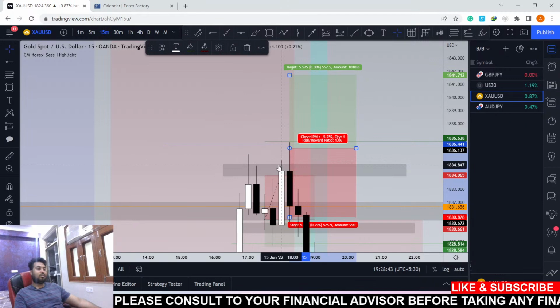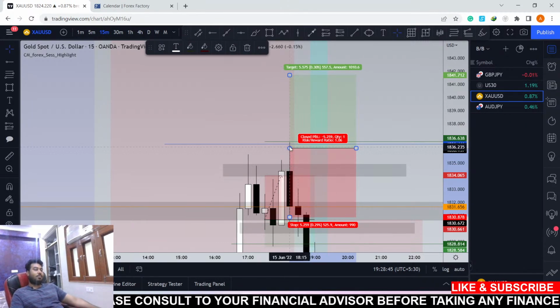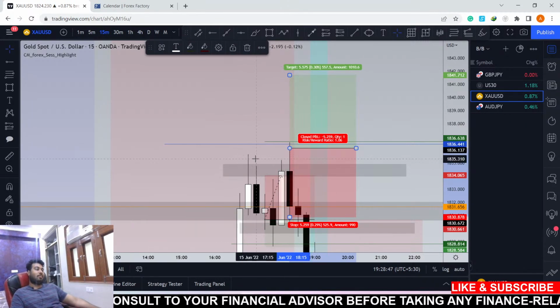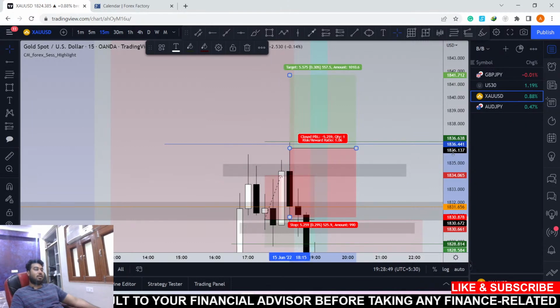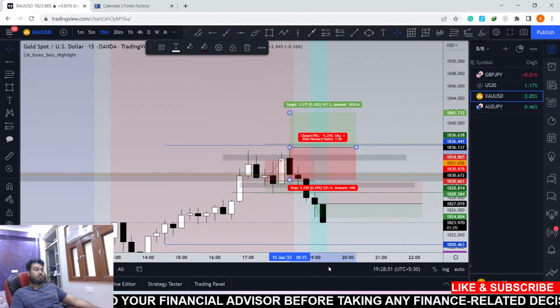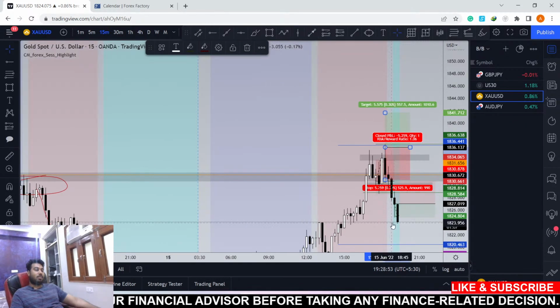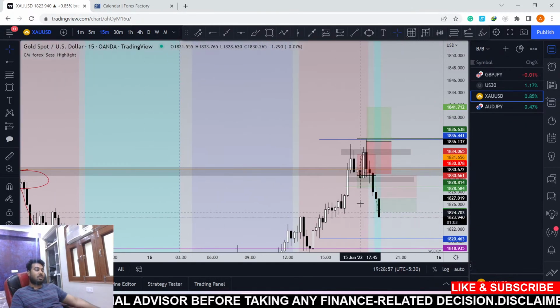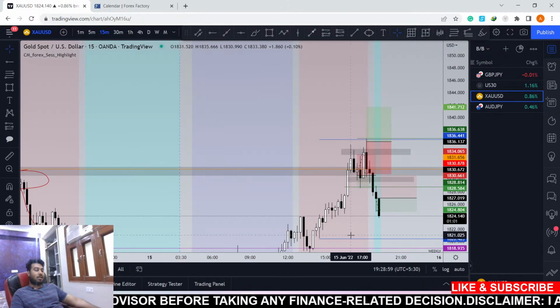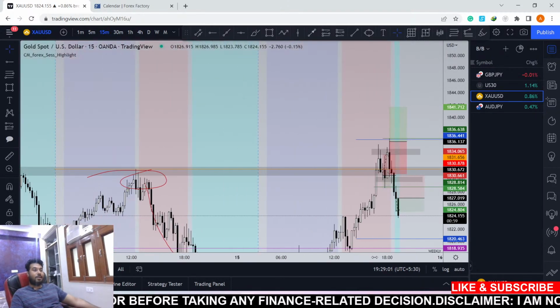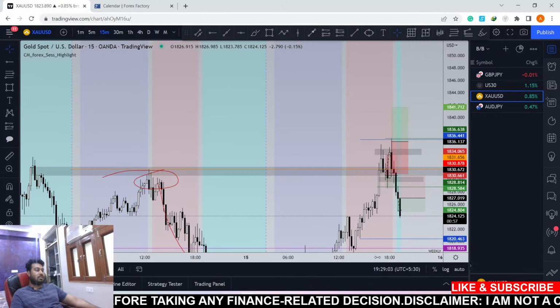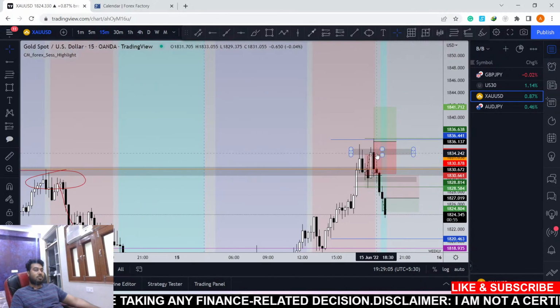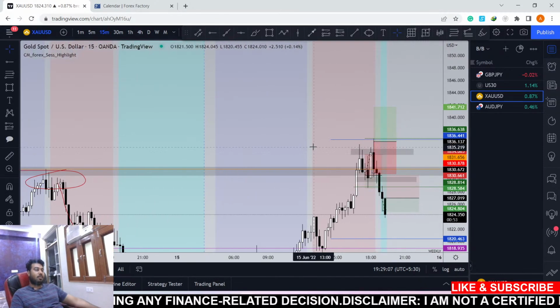Why? Because I wanted a candle to go up and break well above this zone, so that I don't have any risk on the table. I also don't want to be late in the entry. That is the reason why I took it a little early.